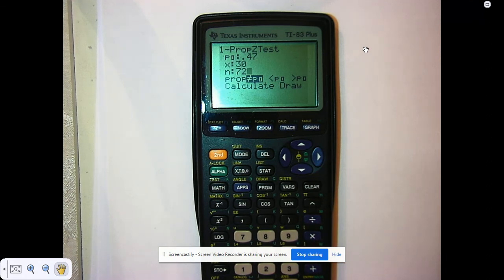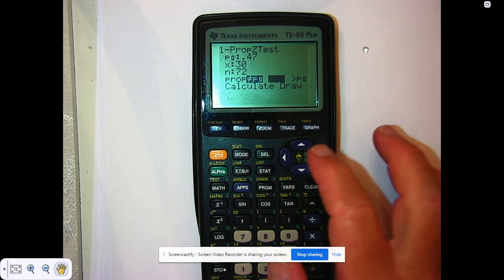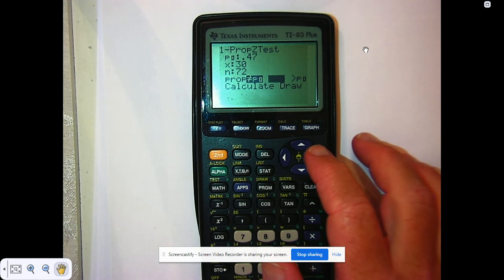Now, my proportion, for my alternate hypothesis, will either not equal the proportion of 0.47, will be less than 0.47, that's this one, or greater than 0.47.